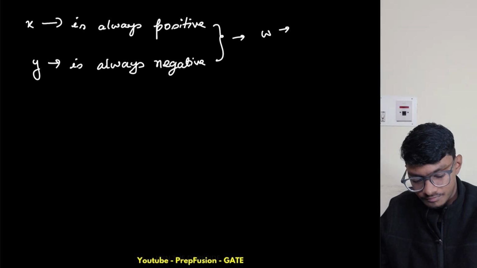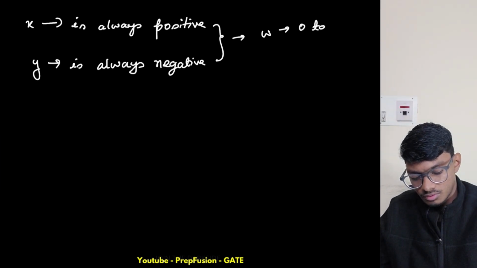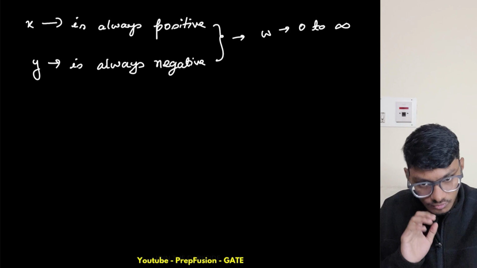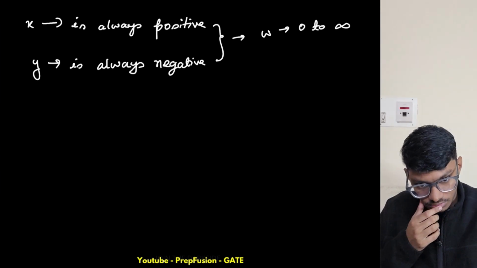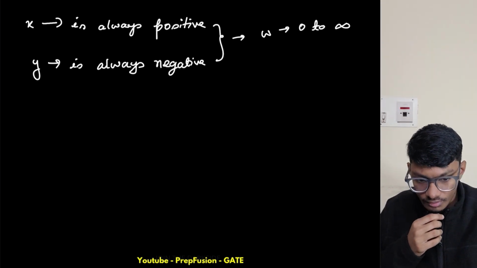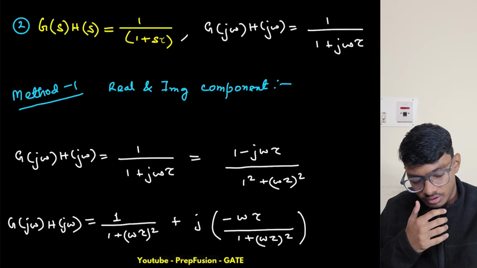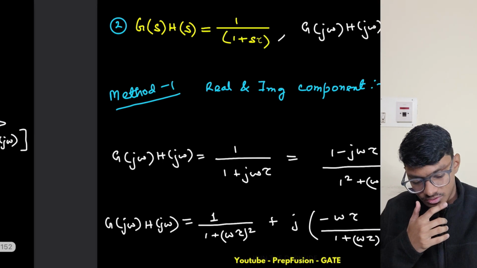Omega is from 0 to infinity. So my x and y are always positive, right? So now what do you do now? Can we plot this one? So I will lie in this location only.